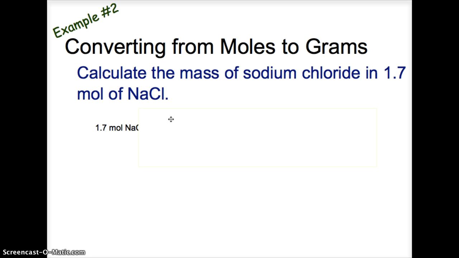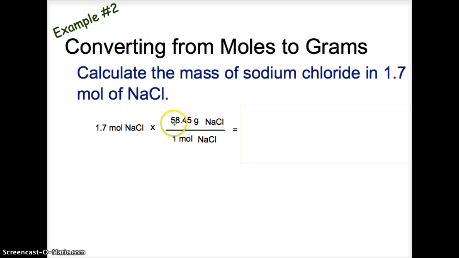When you do that, you're going to start with what was given in the problem, which was 1.7 moles of NaCl, and you calculated the molar mass of NaCl, which is the sum of Na, which is like 23 grams per mole, and the chlorine, which is like 35 grams per mole, and you come up with 58.45 grams per mole.